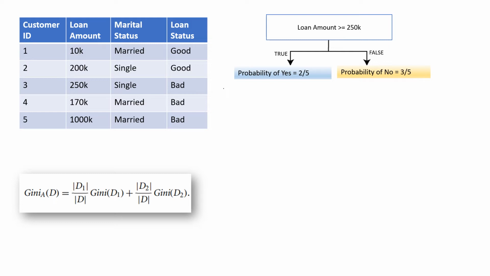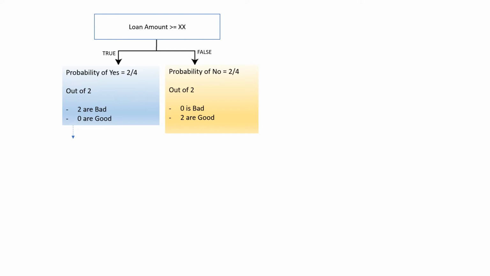The probability here is 2 upon 5 multiplied with the Gini index, which was 0, plus the probability over here, 3 upon 5, times the Gini index, which was 4 upon 9, which comes out to be 0 plus 0.14, which is 0.14. This is the total Gini index. Lower the Gini index, it's better.